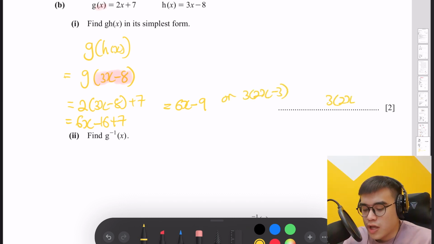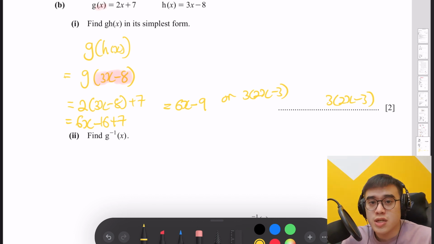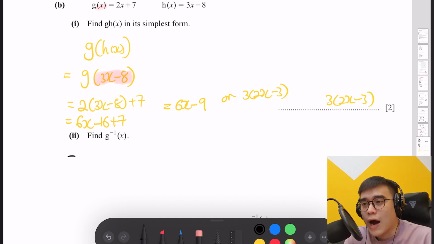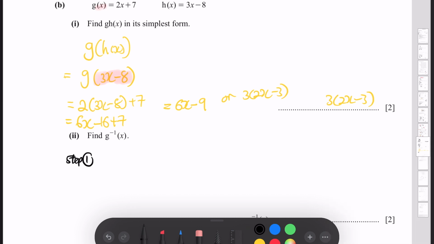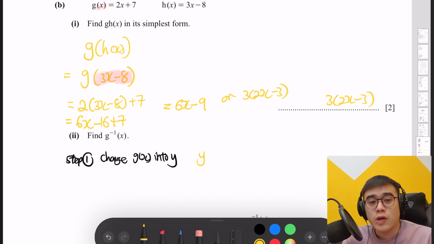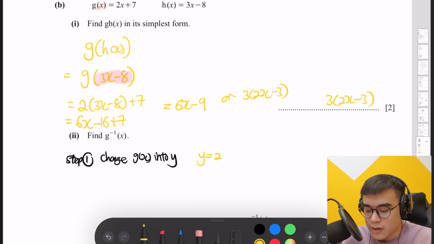So to find g inverse, there's 3 steps to this. First, write down the function and change it into y first. So I got y equals 2x plus 7. Okay, then I swap the x and y's position.